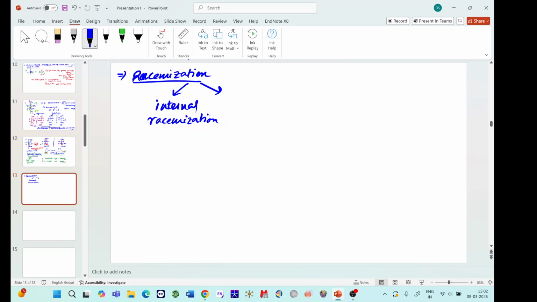One is called internal racemization, another is called external racemization.